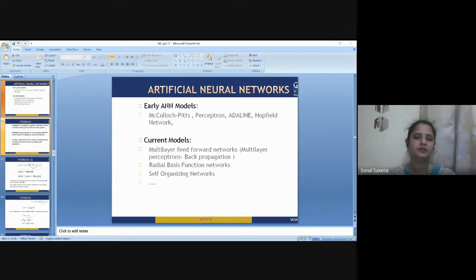These processors operate in parallel, but they are arranged as tiers, right? The first tier receives the raw input, similar to how the optic nerve receives the raw information in human beings. Now, each successive tier receives input from the tier before it and then passes on its output to the tier after it. The last tier processes the final output.